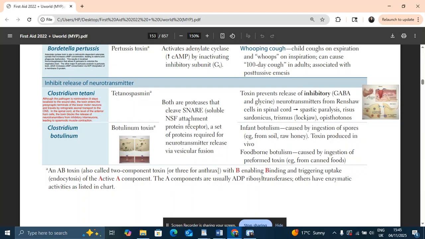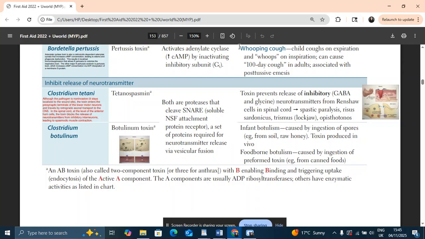It cleaves that protein, and that protein is required for neurotransmitters. Which neurotransmitters? Glycine and GABA. These are the two inhibitory neurotransmitters that need this SNARE protein. Neurotransmitters need this SNARE protein to be released from the presynaptic terminal into the synapse.